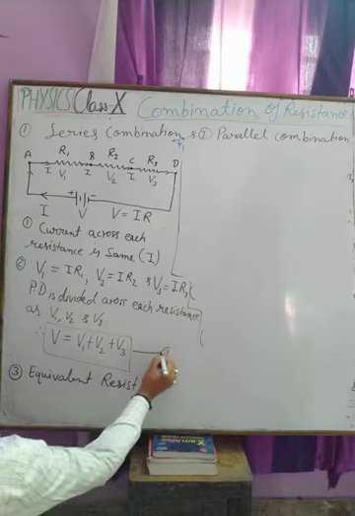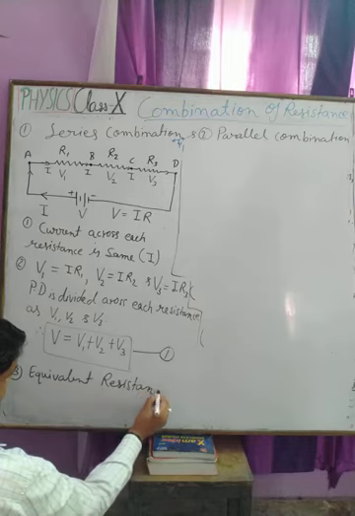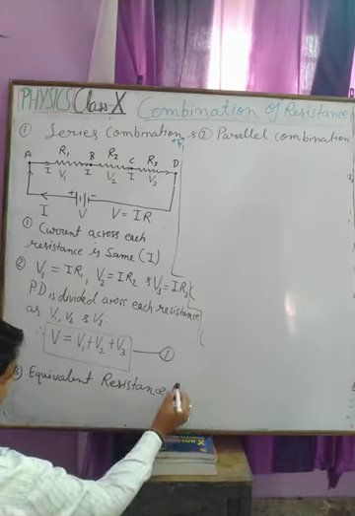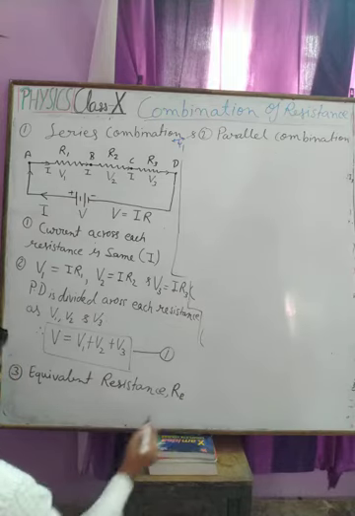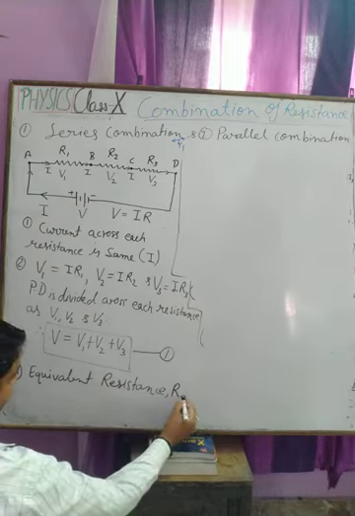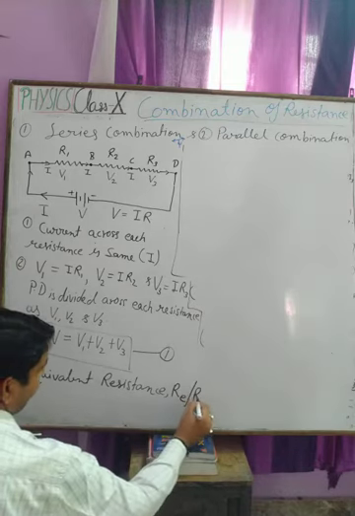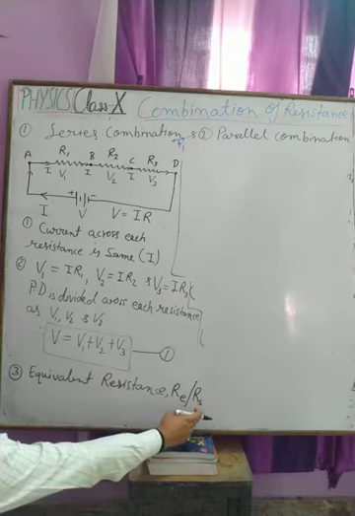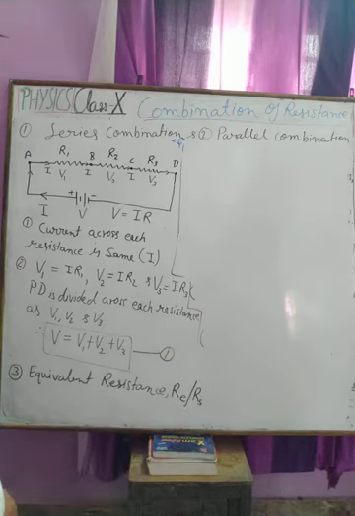Take this as equation 1, resistance. Okay, it is denoted by Re and also called equivalent resistance Rs, total resistance across series combination or equivalent resistance.